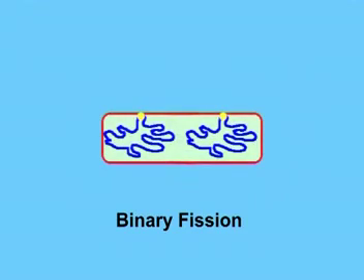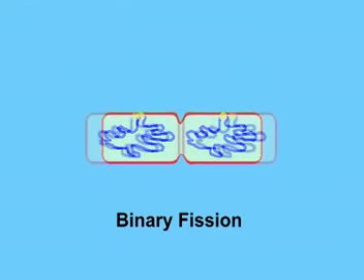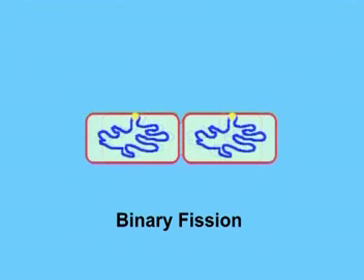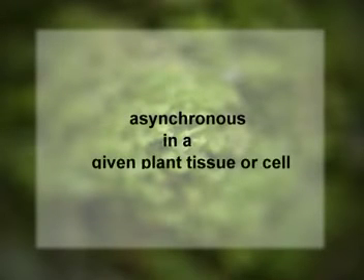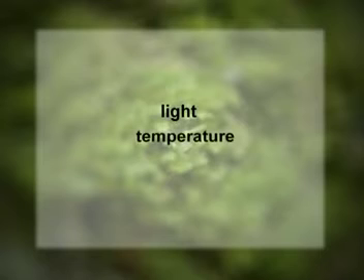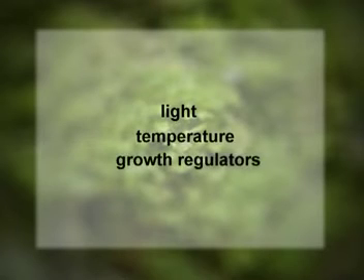A constriction develops near the center of the plastid, and two progeny chloroplasts result from a pinching together of membranes in this region. Chloroplast division appears to be generally asynchronous in a given plant tissue or cell. However, a number of environmental factors including light, temperature, growth regulators, and minerals are known to influence replication and differentiation.